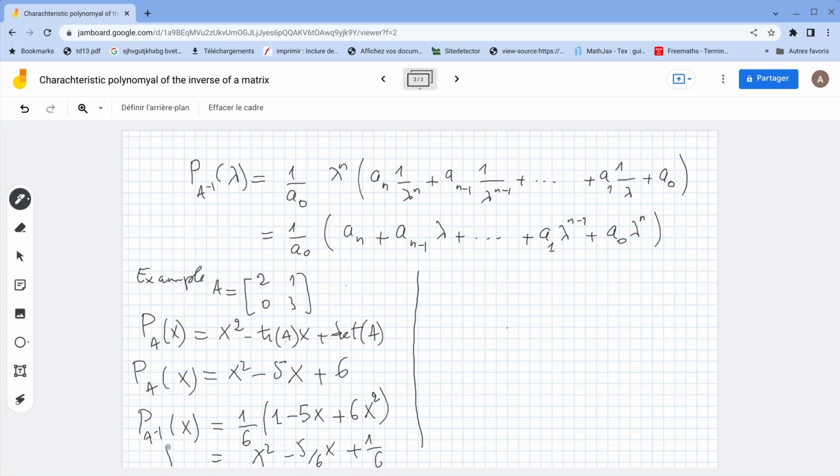This is the characteristic polynomial of the inverse of A.